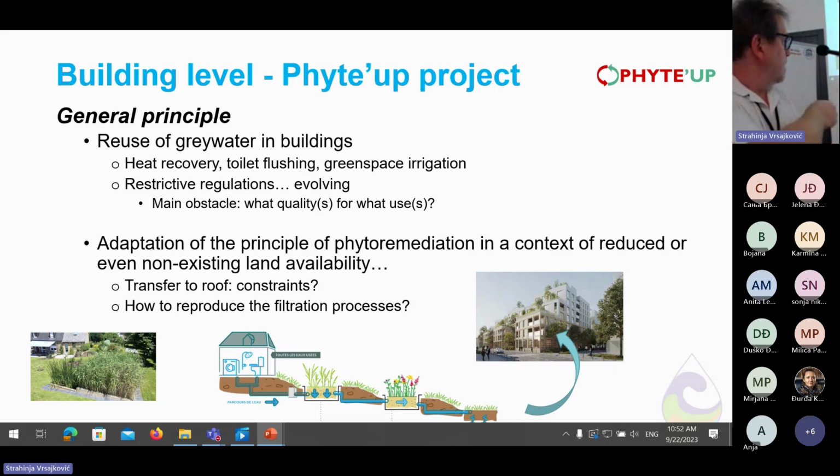So this is an example of how to treat wastewater. And the idea is to put this at the rooftop of a building. But the problem is that on the ground, you use about 5 square meters per person, while on the rooftop, you will use 1.5 square meters. So there is a reduced space, but the challenge is to get the same efficiency in terms of water treatment.